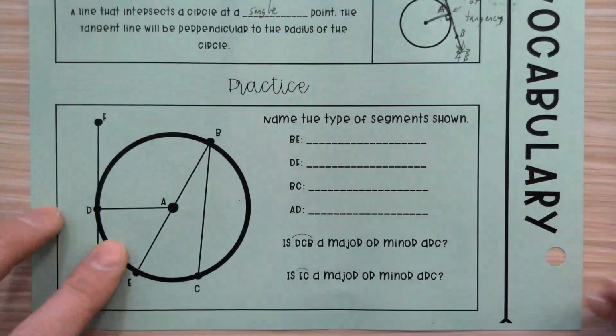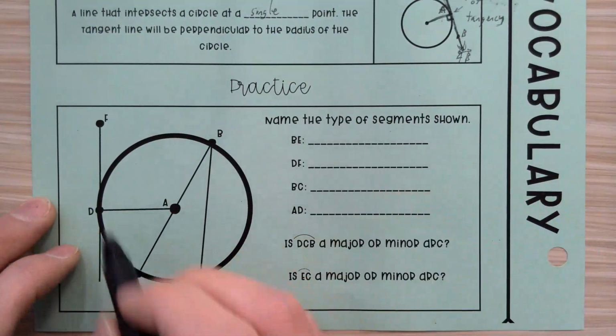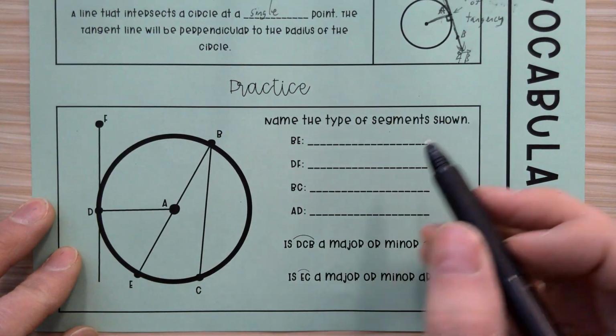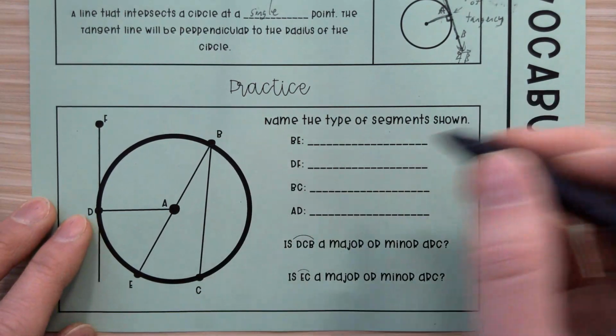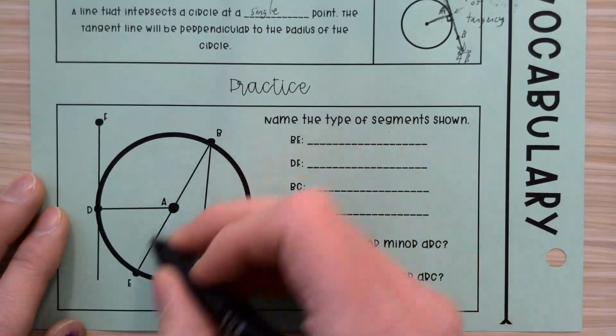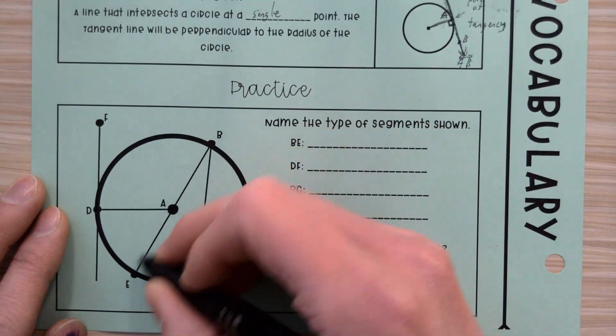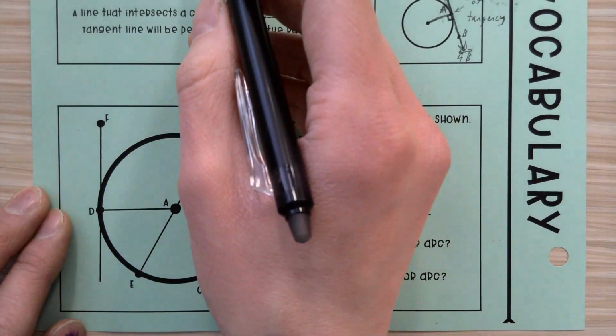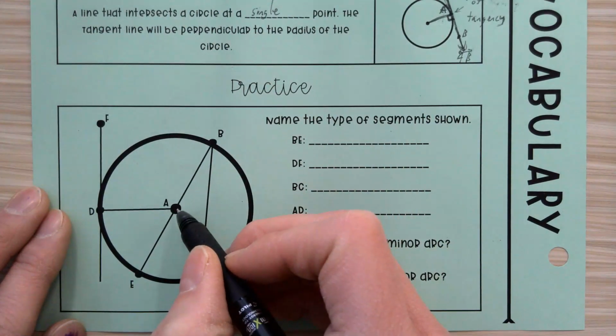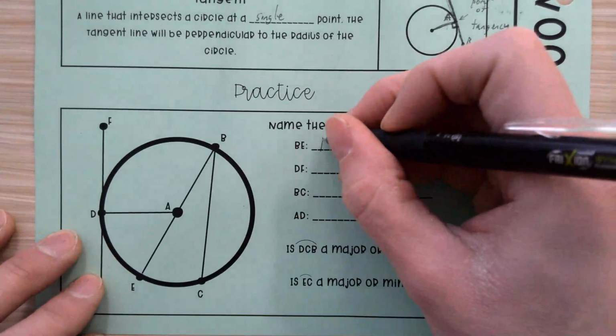So let's identify some segments here based on that vocab. So BE has its endpoints on the circle, like a chord does, but it passes through the center as well. So this is a diameter.